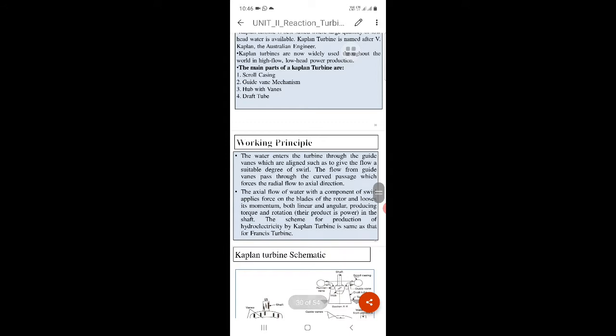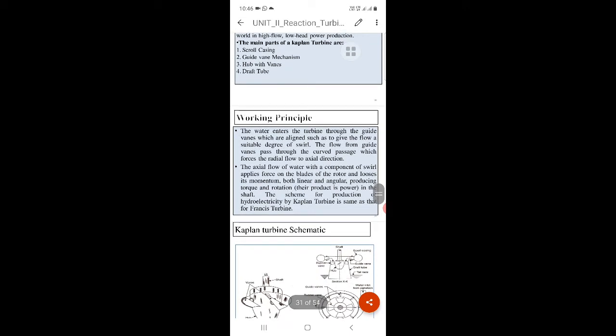The working principle of Kaplan turbine: water enters the turbine through guide vanes, which align to give the flow a suitable degree of swirl. The flow from the guide vanes passes through the curve, which forces the radial flow into axial direction. The axial flow of water with a component of swirl is applied on the blade.